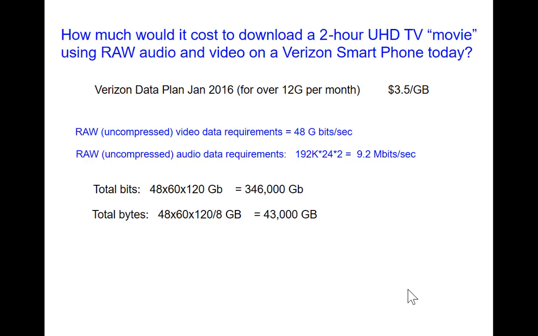Let's see what it costs to get this. So it takes 43,000 gigabytes of data. And Verizon charges us how much? $3.50 per gigabyte. So the total cost for that one uncompressed movie is $150,000. You better really want that movie.